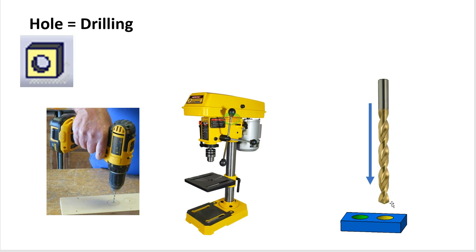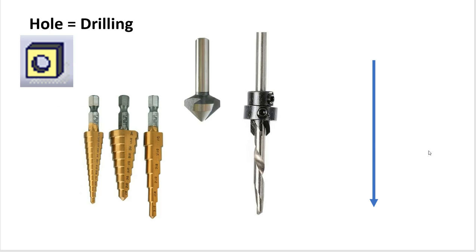You can have a hole, but it's an up and down motion. And holes will also be threaded, to put screws in them. Okay, and there's all kinds of drill bits. They don't have to be just a straight drill bit. They can be counterbored, countersunk, and all kinds. Okay, but all of them come in a straight direction.